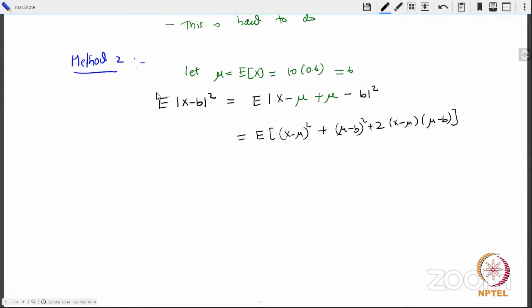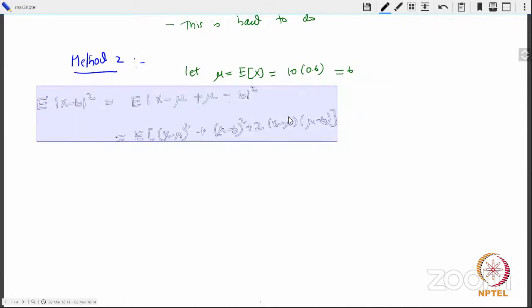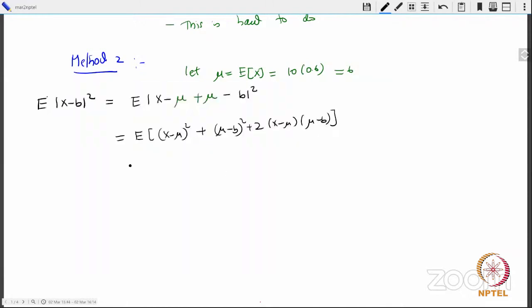Now move on to the expectation of each term. The first term I'll leave as the expected value of (X minus mu) whole squared. The second term is a constant now, (mu minus b) whole squared.